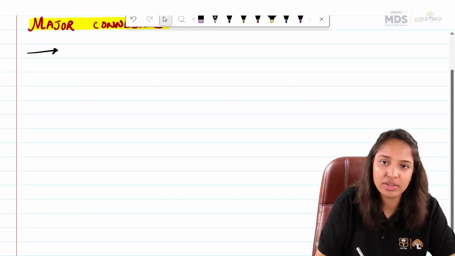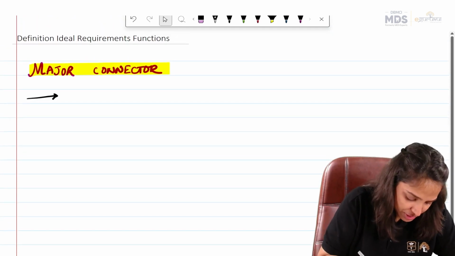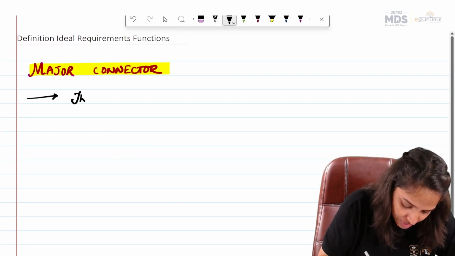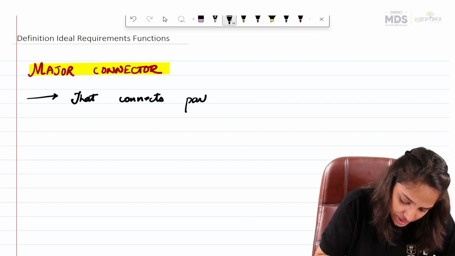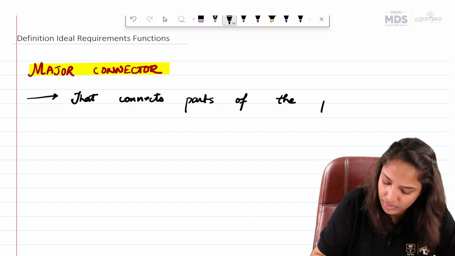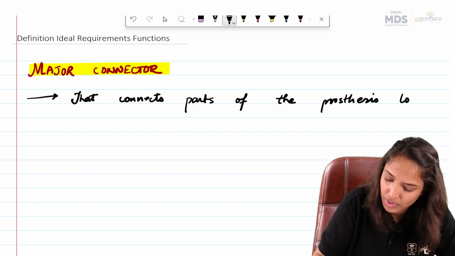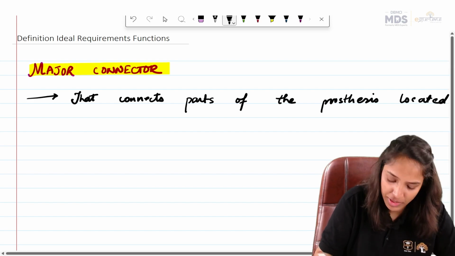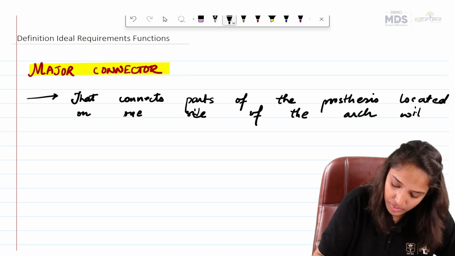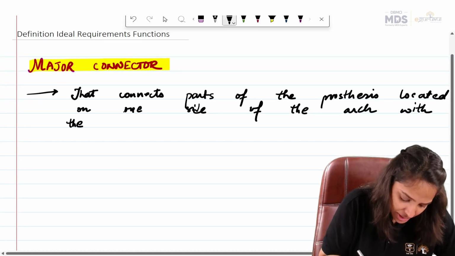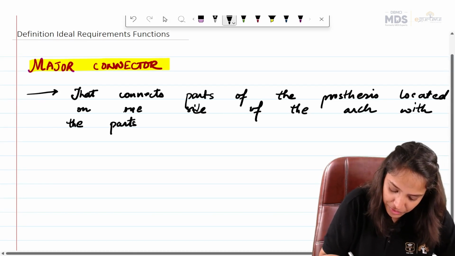A major connector is a component of a partial denture that connects parts of the prosthesis located on one side of the arch with the parts located on the other side of the arch.